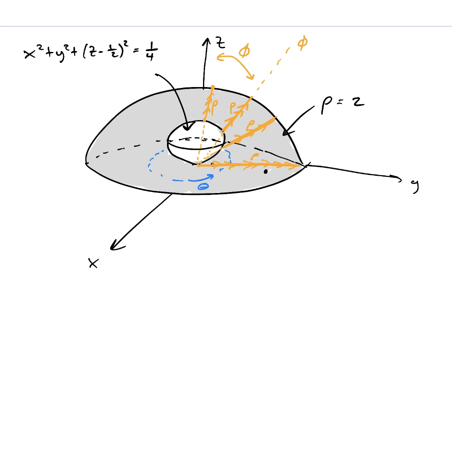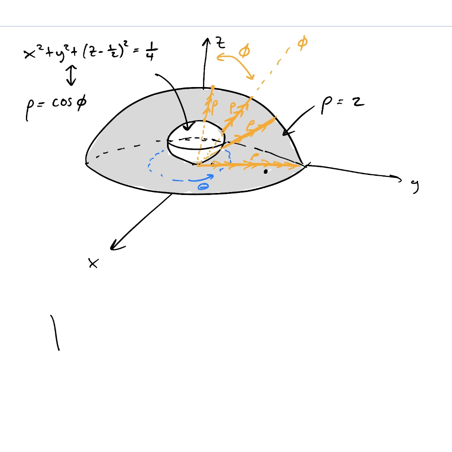If you do that and change your good old Cartesian description of that inside sphere into a spherical coordinates description, it's actually super clean. It's just rho equals cos phi. When the dust settles after all that changing of x's, y's, and z's into their spherical doppelgangers, you just get rho equals cos phi.